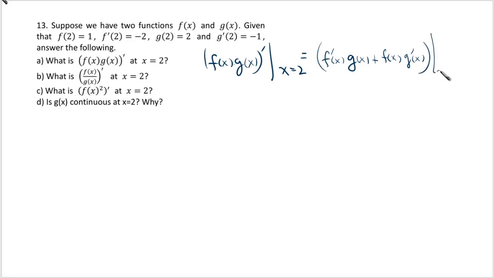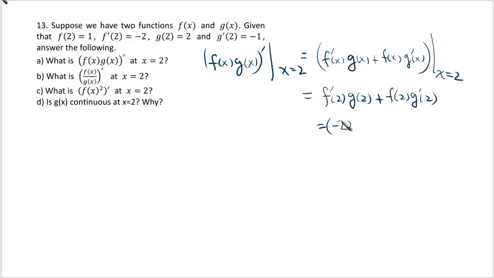And then you're plugging in 2. Okay, you might feel a little nervous because I don't know what f(x) is, I don't know what g(x) is, but since it's set to evaluate at x equals 2, let's just plug in 2 and see what we get. f prime of 2 times g of 2, plus f of 2 times g prime of 2, and you get, well, f prime of 2 is given as negative 2, right?